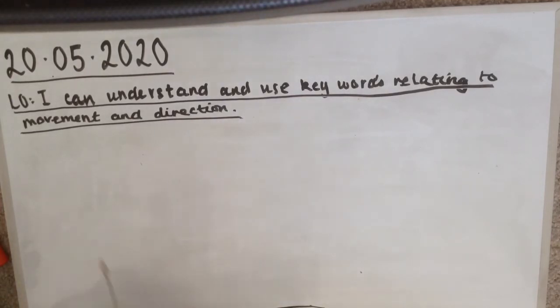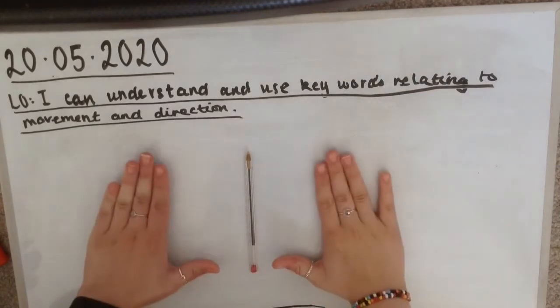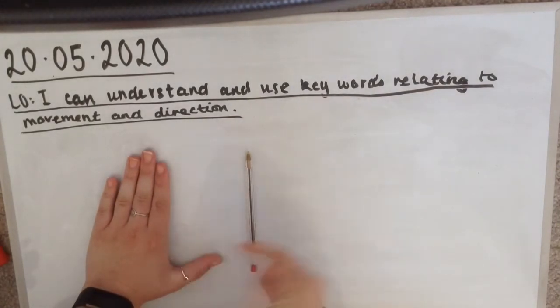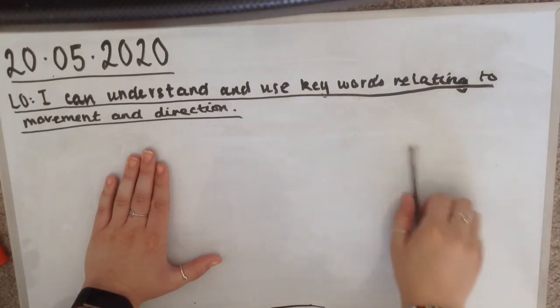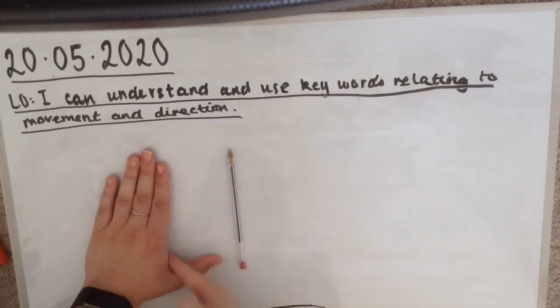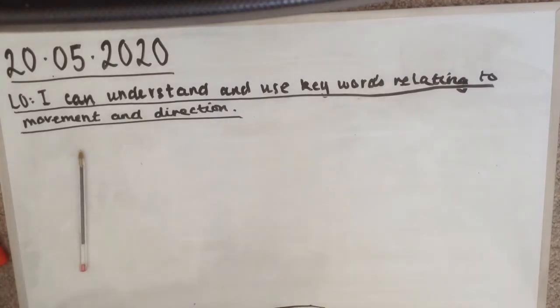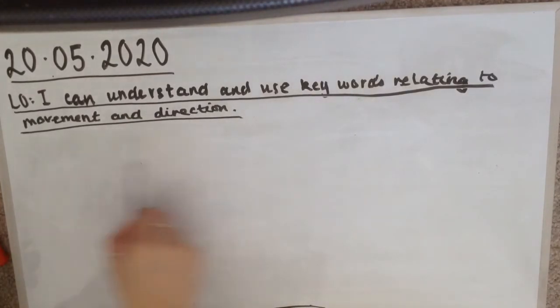Okay, so we should have got that the pen moved to the right the first time, because when I look at my hands, this is my correct L, so that would be my left. So my pen moved to the right. The second time, the pen moved towards my L, so it moved to the left. Now that was from when it was in the centre.